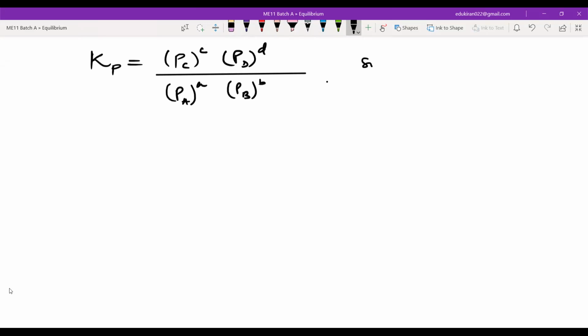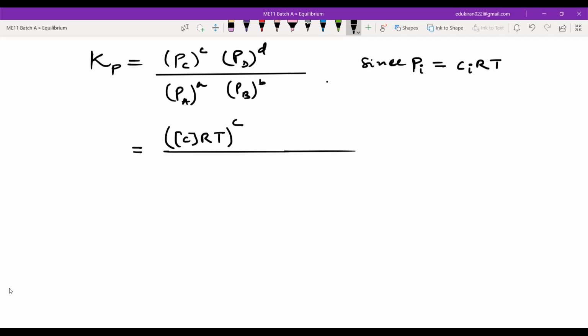Now, as we know, the pressure of anything i is equal to the concentration of i times R times T. So I can write the pressure of C as the concentration of C times RT to the power c, and the pressure of D as the concentration of D times RT to the power d.